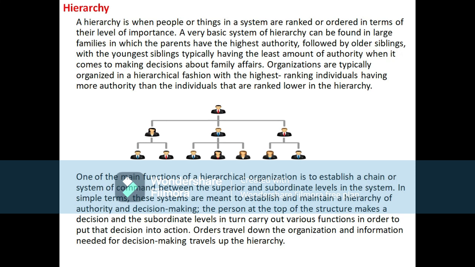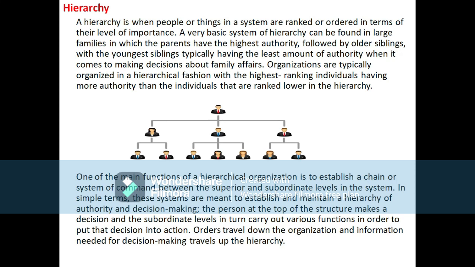It is also known as a scalar principle or process, which means a ladder, and this is given by Mooney and Reiley. In a hierarchy, people or things in a system are ranked or ordered in terms of their levels of importance.